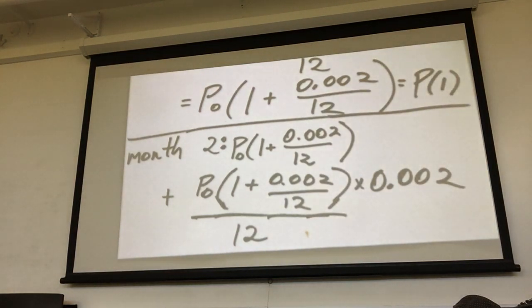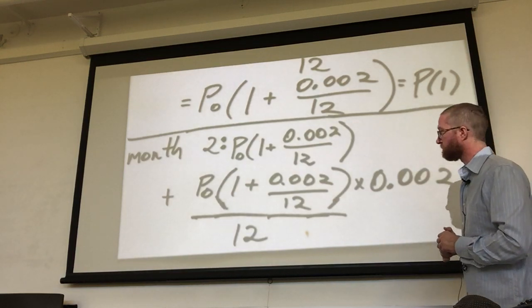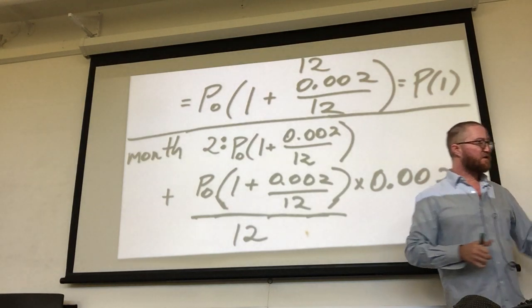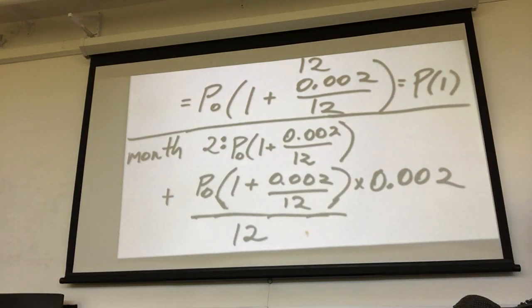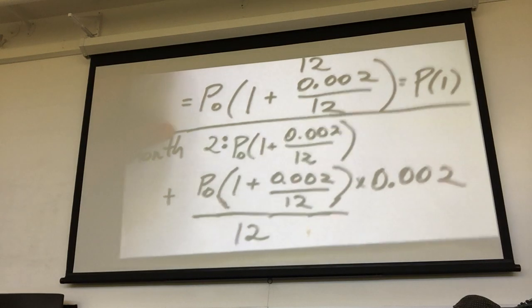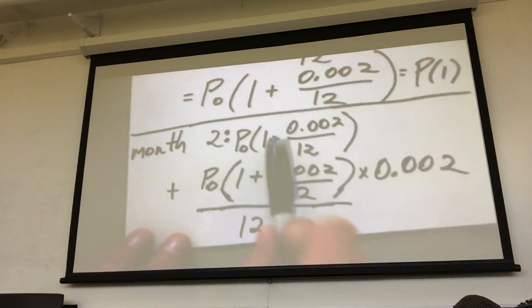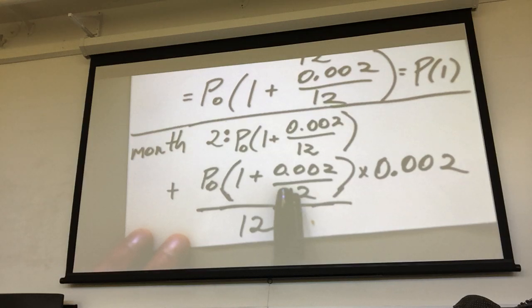Okay, and we're going to try to figure out what P of 2 would look like. So, what can I pull out of this thing? Well, P naught is common for both of those, and so is 1 plus 0.002 divided by 12. And so I'm going to factor that and that out.